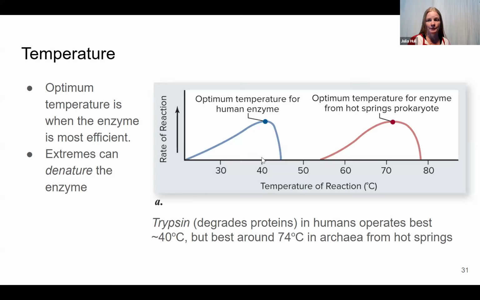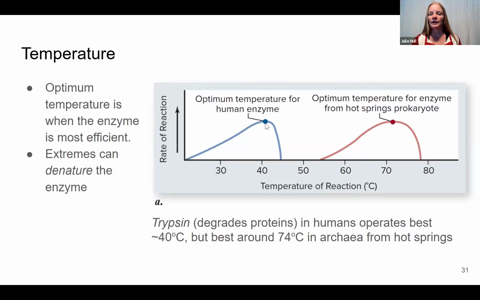Our body temperatures for most humans are 37 degrees Celsius. So we can see that, yes, our optimal temperature of this particular enzyme is the same as our body temperature. We take that same enzyme and we look at it in an organism that lives in the hot springs over in Yellowstone. And we see that its optimal temperature is somewhere between 72 and 74 degrees Celsius in those prokaryotes because they're adapted to much hotter environments.